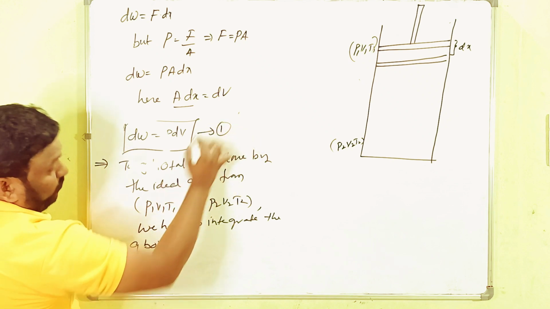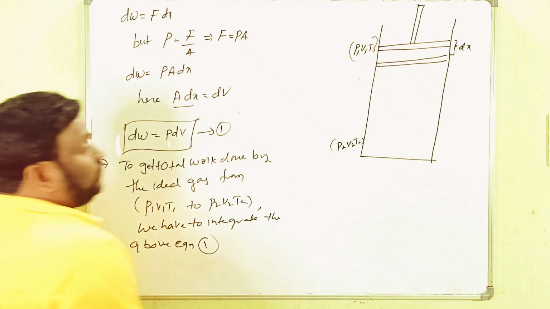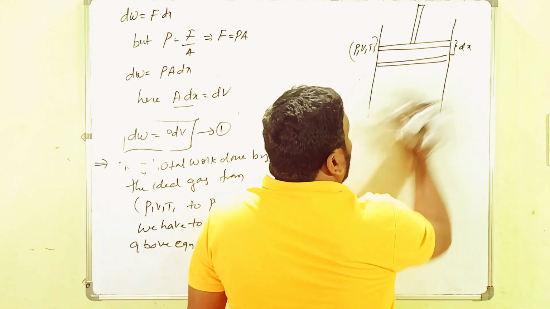So equation number 1. Clear? So within the limits V1 to V2, we have to do that.